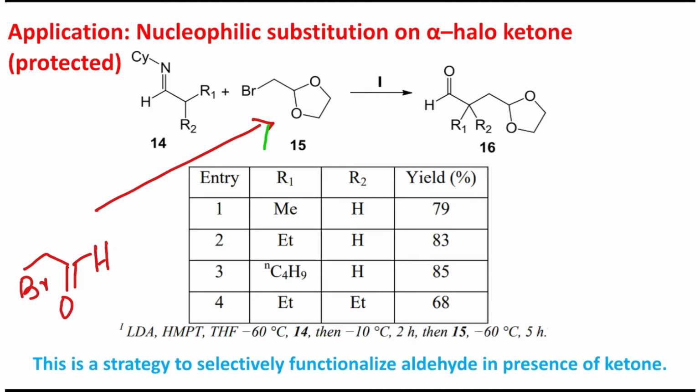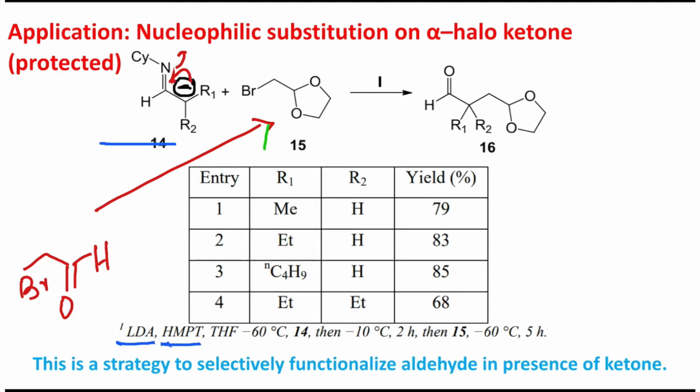Now this is actually a carbon bromine bond. Okay, similar nucleophilic substitution is possible, as I discussed previously. So in this case, first this imine is treated with LDA and HMPT, means the hexamethyl phosphoramide derivative. Ultimately, after deprotonation it produces the carbanion, which is resonance stabilized.